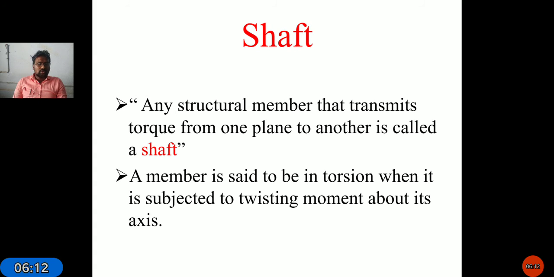Suppose the vehicle or machinery is not rotating or moving; the shaft is idle. Whenever we need to move or start the engine, we give some input. Due to this input force, some twisting moment is developed in the shaft. It is known as torsion.